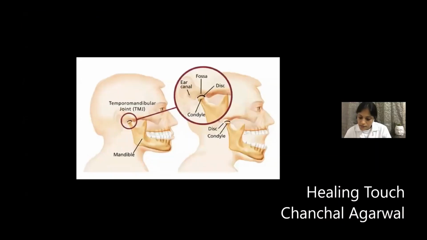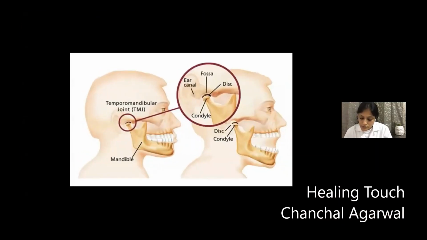What is temporomandibular joint? First आप देखो इस picture को देखो. This is a very beautiful picture. See, it's written as temporomandibular joint. So this area is what? Temple area.